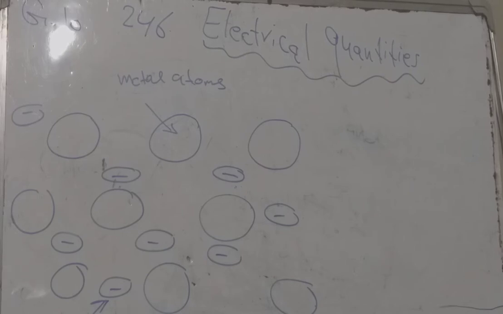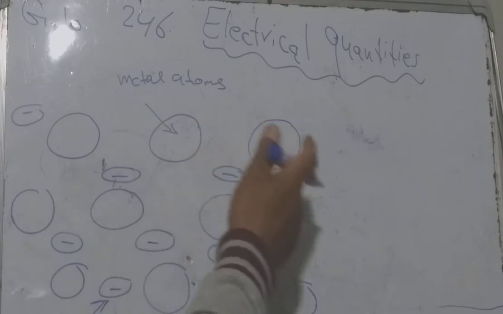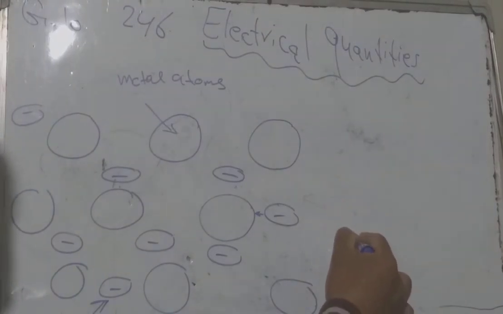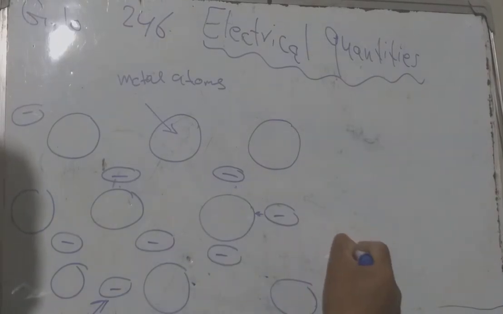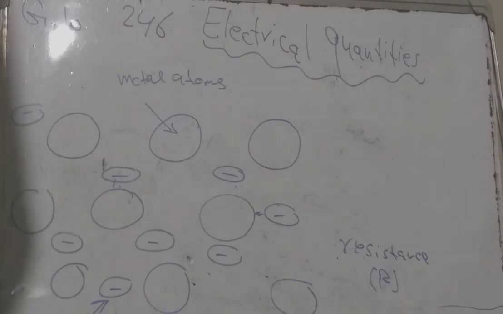When the electrons are moving through the metal, all or some of the electrons bump into the metal ions and experience resistance, R. So the resistance to the electron flow, or current, is different in different conductors, and so conductors have different resistance.